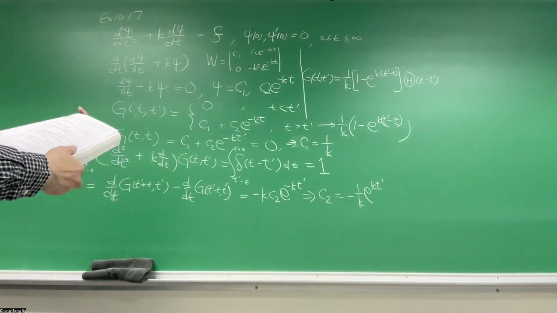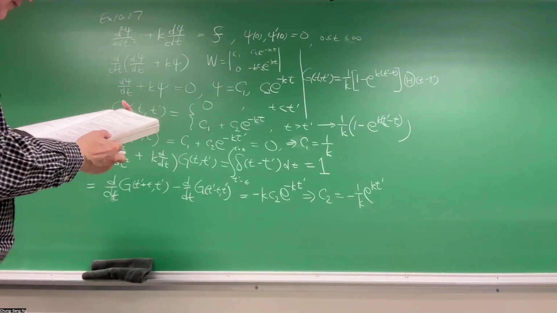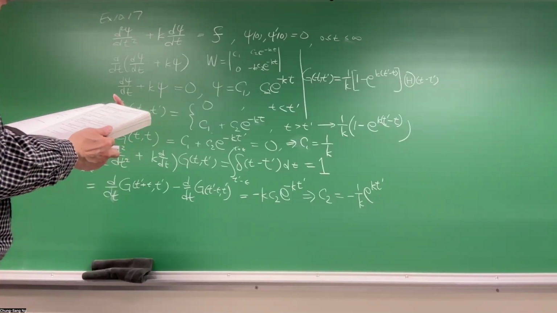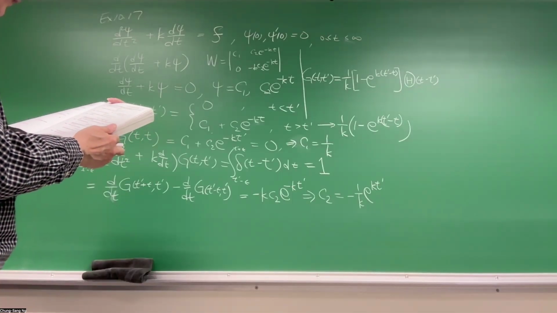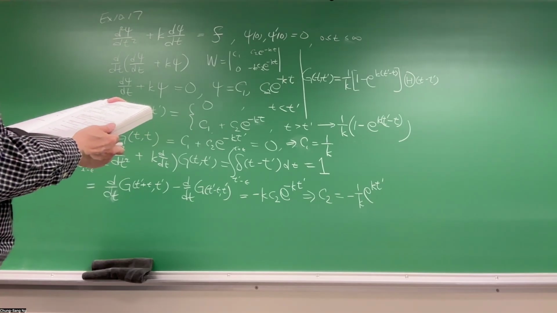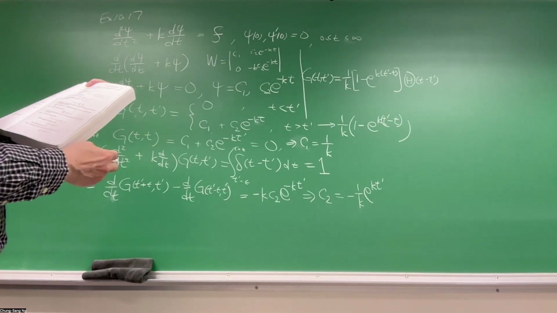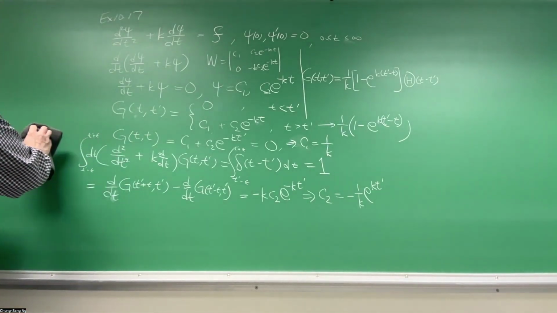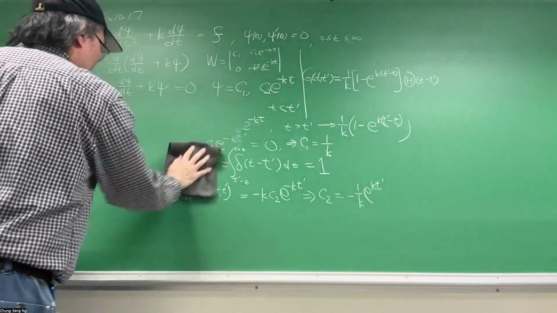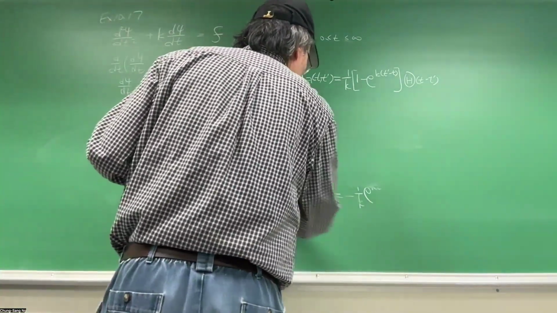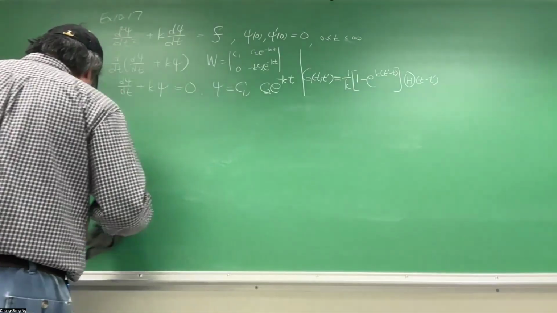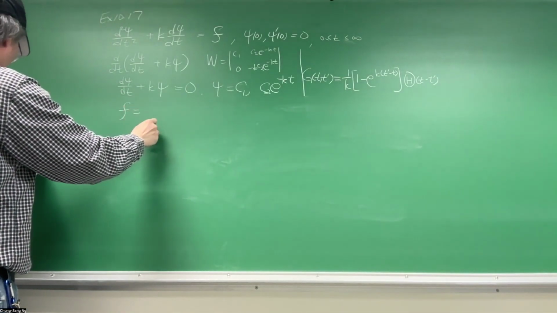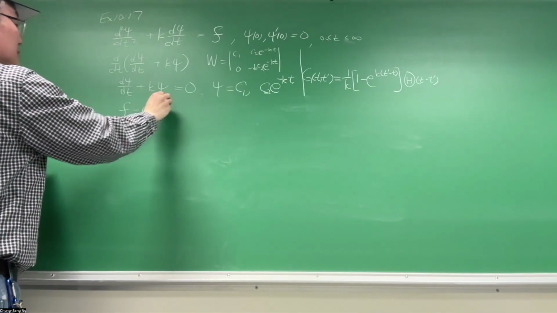And what else in this question? Solve this for f equals e to the minus t. Let's continue doing that. If f is e to the minus t, right?